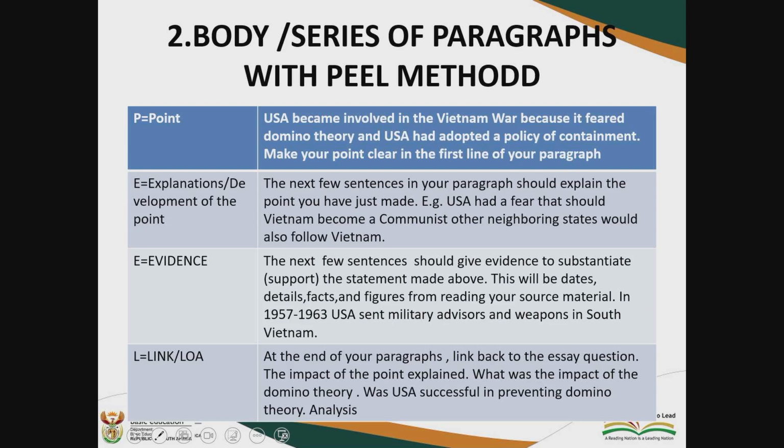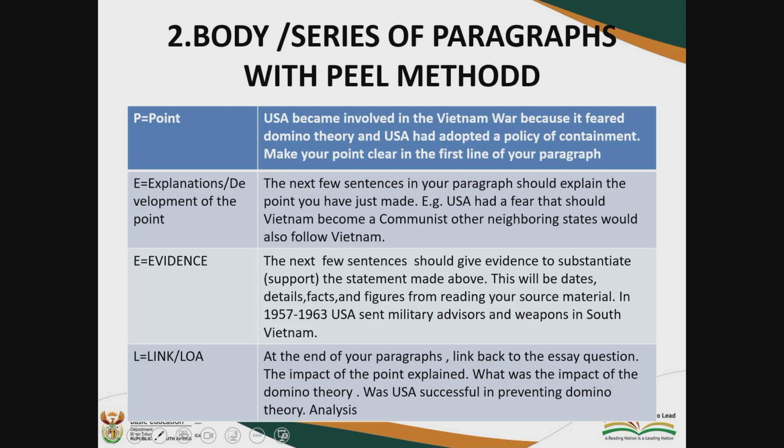Now, that is how to start a paragraph. You must make sure that you start it with a valid point, followed by explanations. Explanation refers to a few sentences in your paragraph which explain the point that you have made, following the main point.